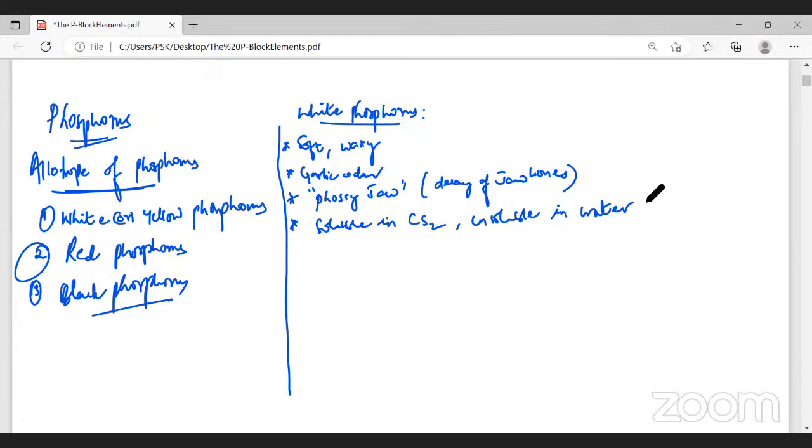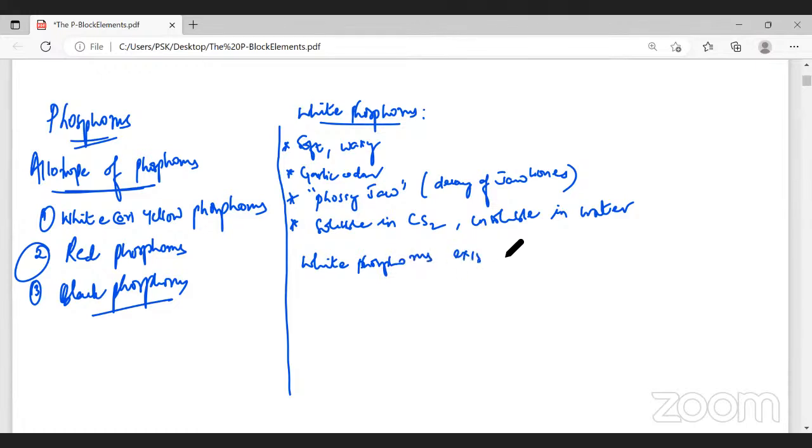Now, what are the properties of white phosphorus? White phosphorus exists as P4. It is a tetraatomic element.